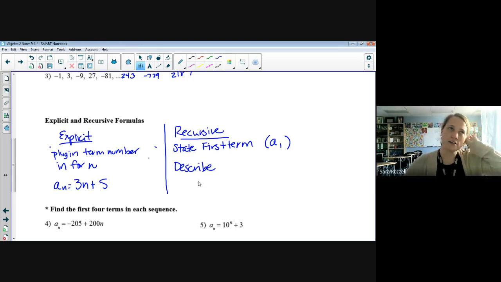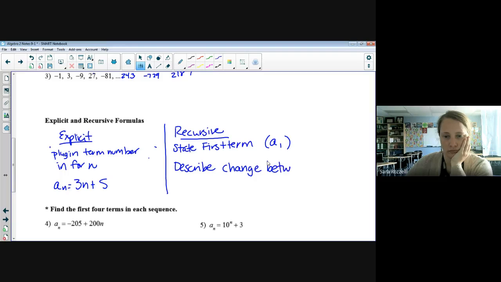And then after that, they describe how to get from the first term to the next term, to the next term, to the next term. So this first one's an example of an explicit formula. The second one would be an example of a recursive formula. They tell you the first term, like say it was 7, then they tell you what happens after that.